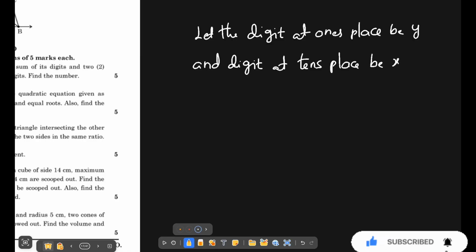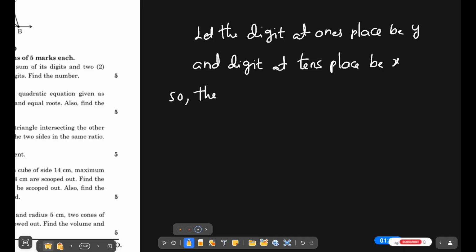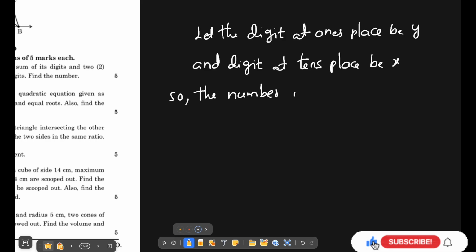So therefore the number will be xy. So what is given?